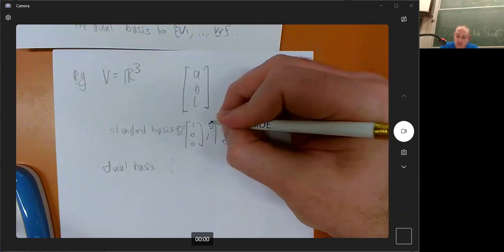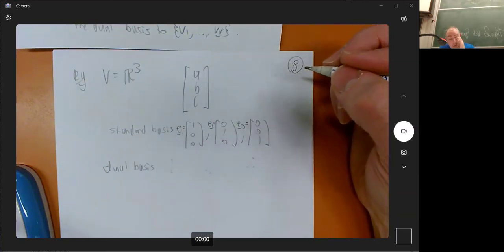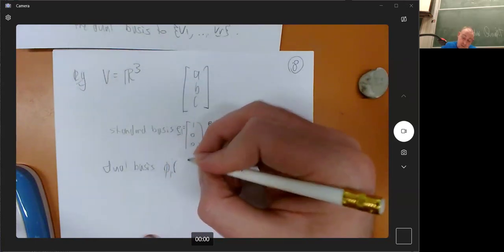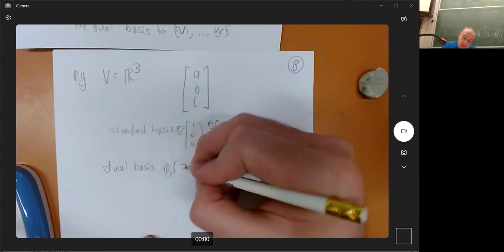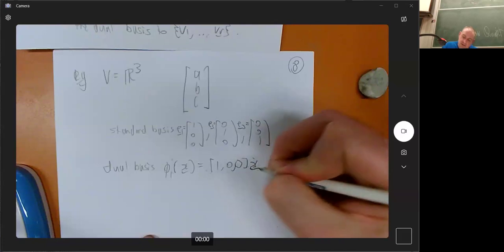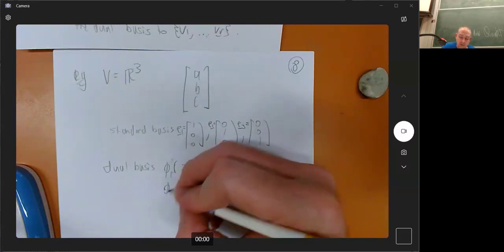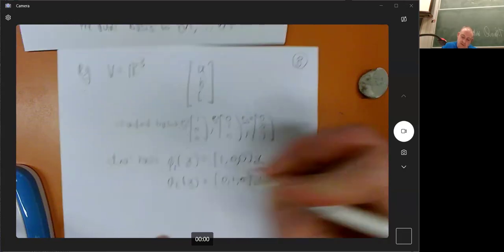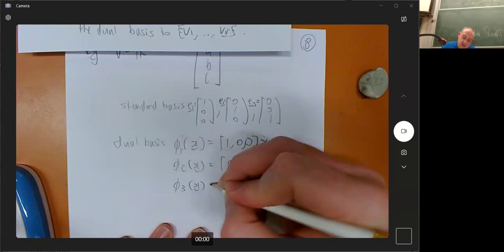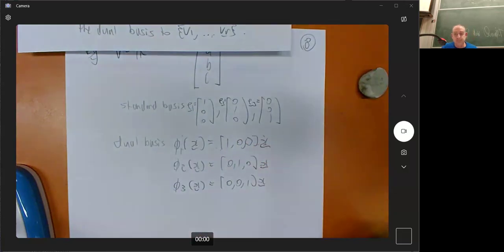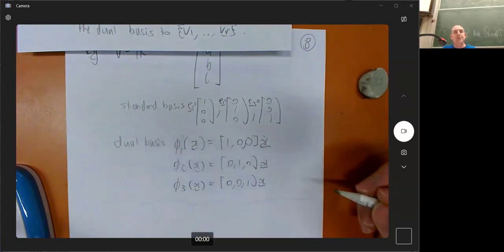I don't know if there's a standard name for it, but the dual basis would be phi1, where phi1 of x would be 1, 0, 0 times x. And phi2 of x is 0, 1, 0 times x. And phi3 of x is 0, 0, 1 times x. Cool. But what if I picked a different basis?